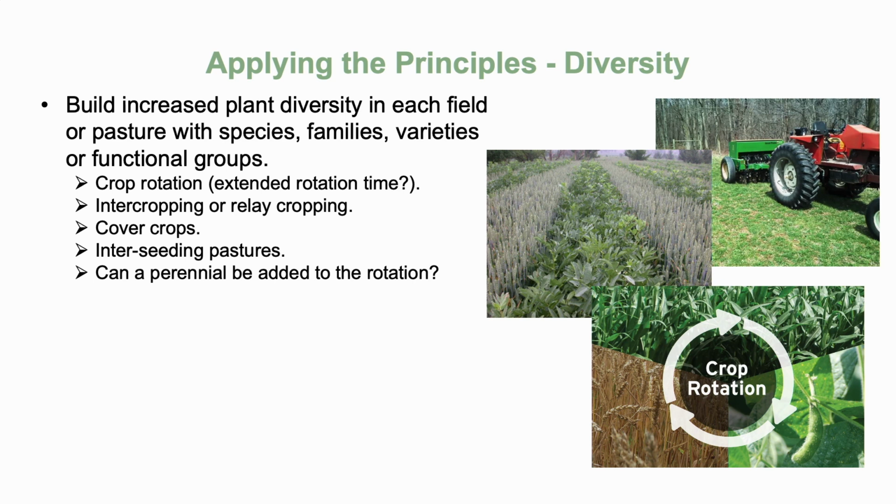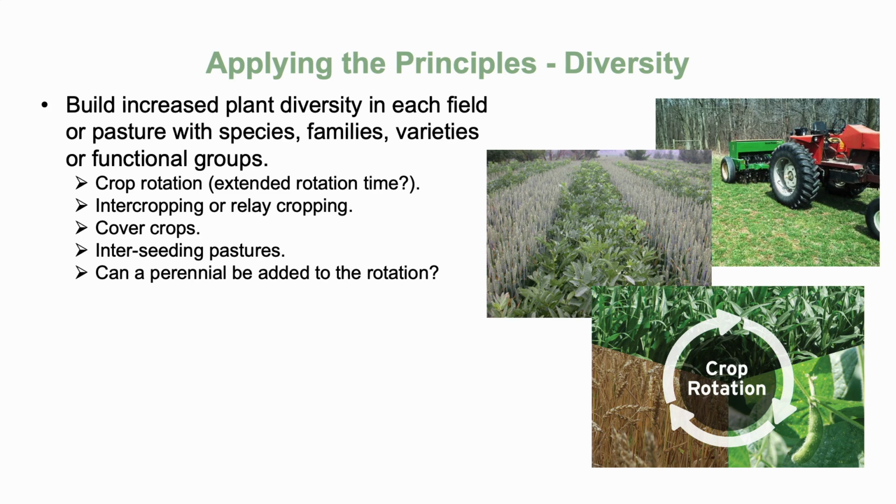Intercropping is an option. Relay cropping is an option to develop diversity. Emily's example of them pursuing living mulch would be an example, I think, of intercropping. Cover crops, we'll say more about them, but they're a great opportunity to increase diversity. Interseeding pastures to add diversity. And can you add a perennial to your rotation?